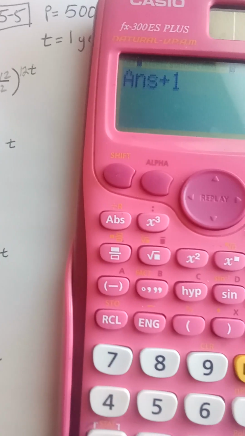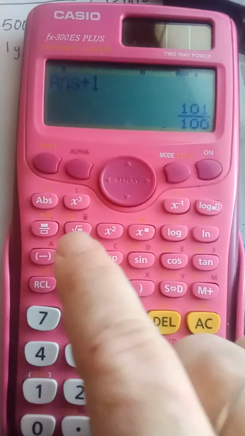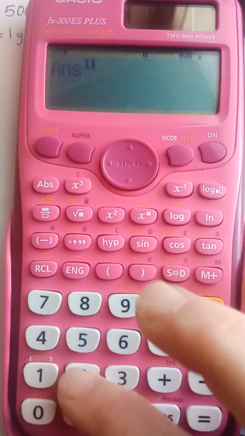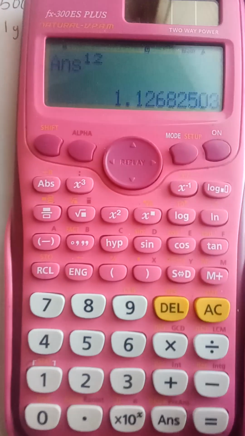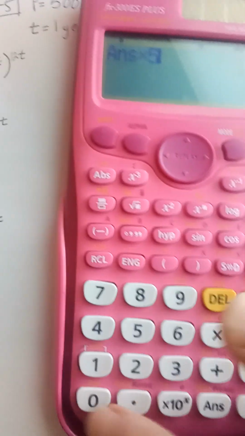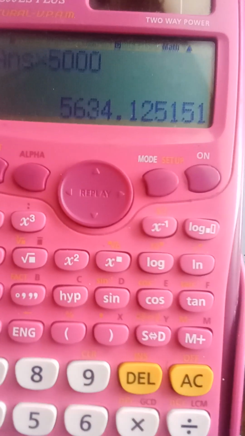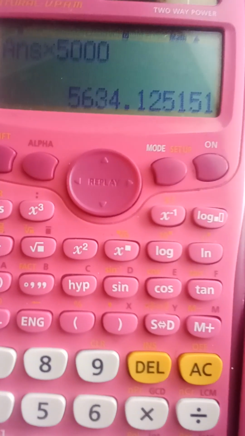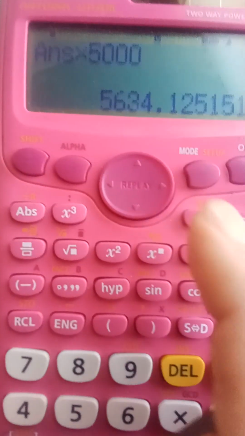Now I want to raise it to the 12 times 1 power. Well, 12 times 1 is just 12, so I'm going to raise it to the 12th power. Then I multiply that by 5,000. So she started out with $5,000, and after 1 year, she ends up with $5,634.13.